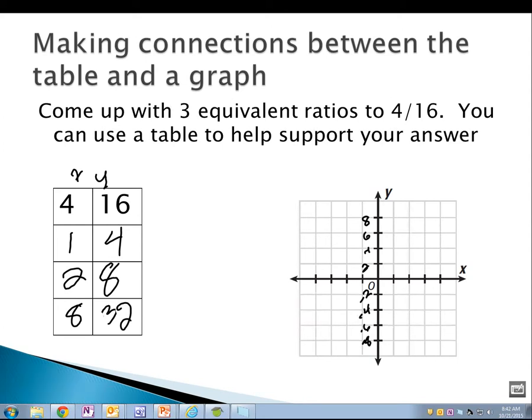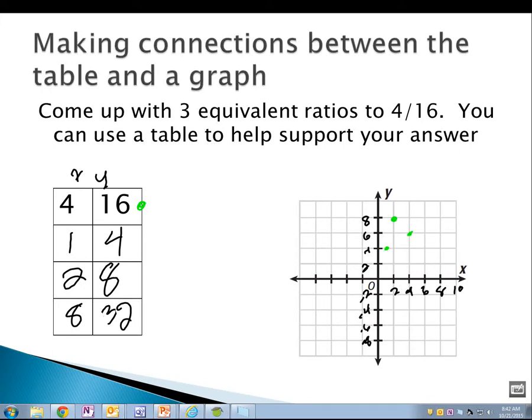Then I'm going to take this guy, 2, 4, 6, 8, 10. I'm going to label some of these spots. I'm going to go to 4, 6, which is right here. Then I'm going to go to 1, 4. Then I'm going to go to 2 and 8.